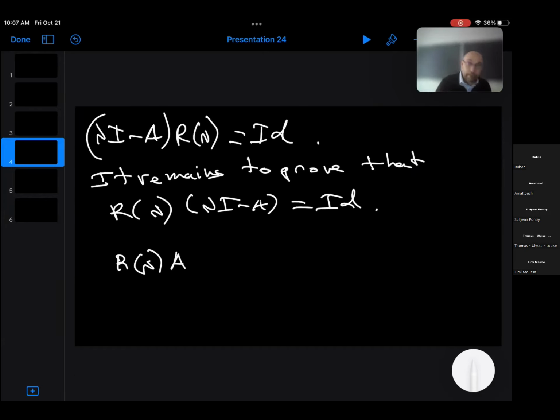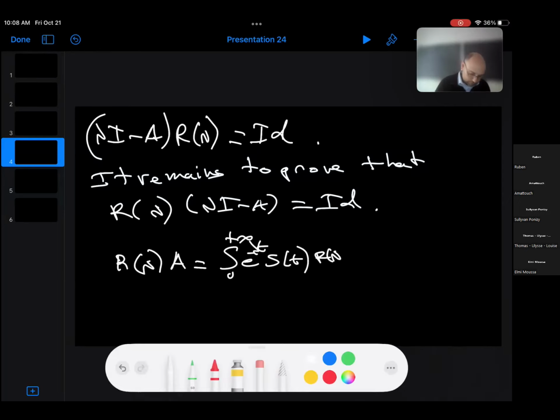So by definition, this is the integral between 0 and plus infinity of... sorry.